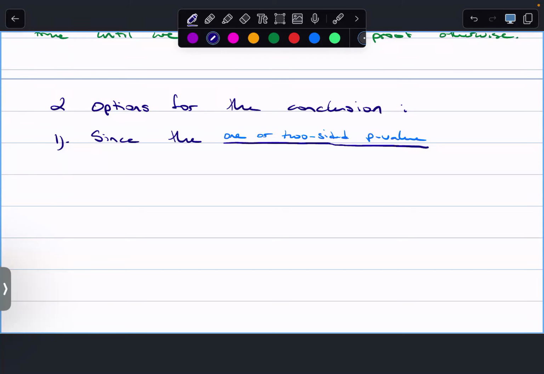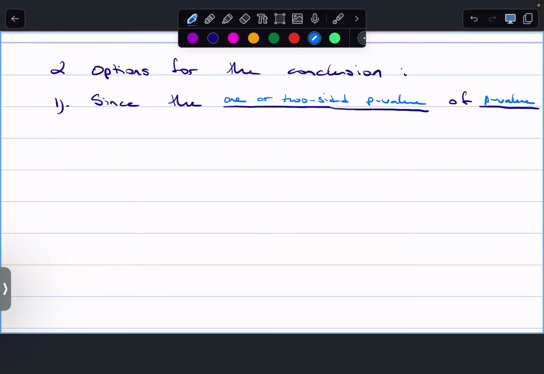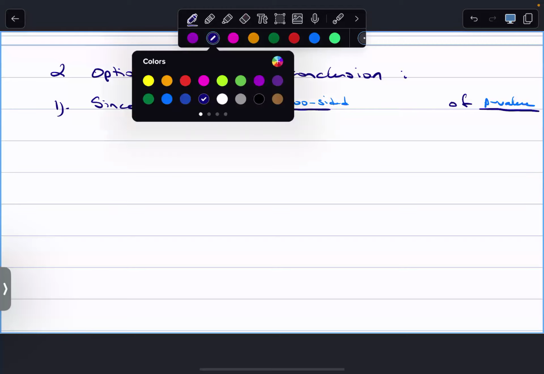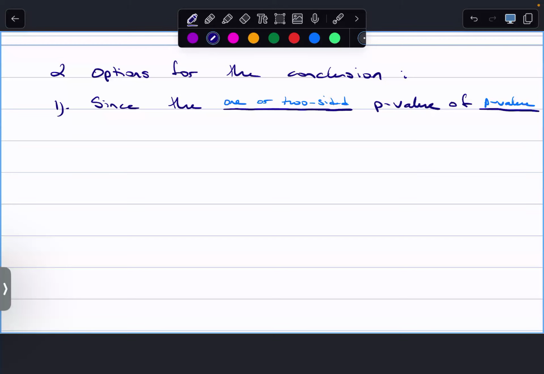Since the 1 or 2-sided p-value of the actual p-value, and in this first scenario I'm going to make it less than the alpha level, because that's the more juicy version, is less than the alpha level of blank. Default 0.05, but it could change.